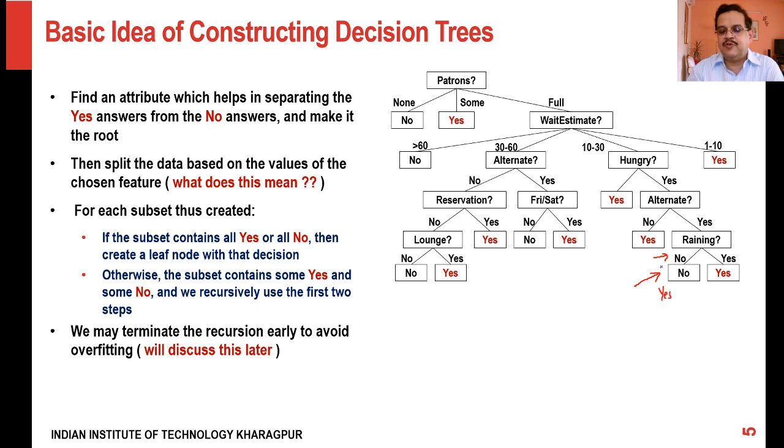So then I may override the yeses and simply terminate the algorithm here by saying that when I have this combination, then the decision is no.